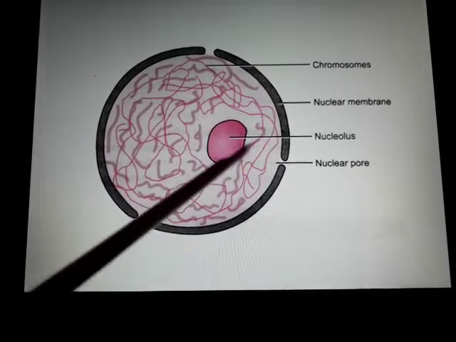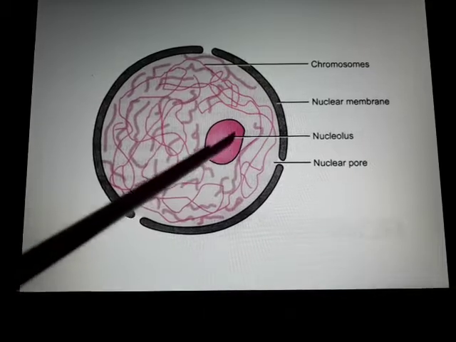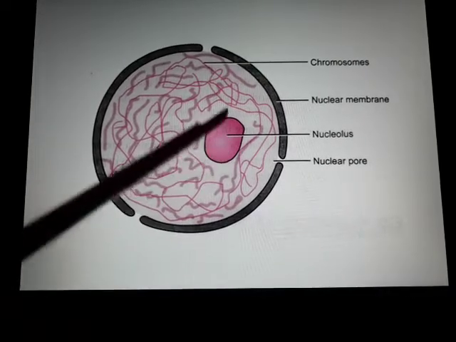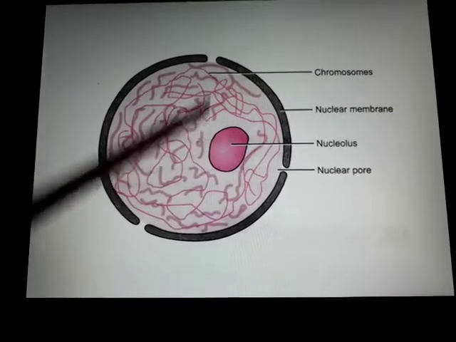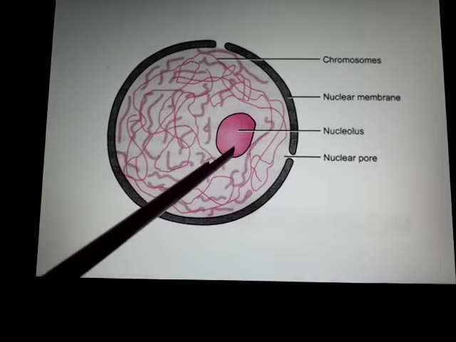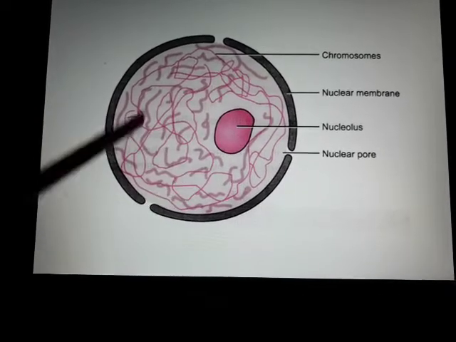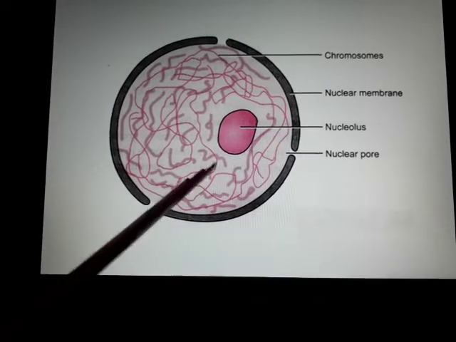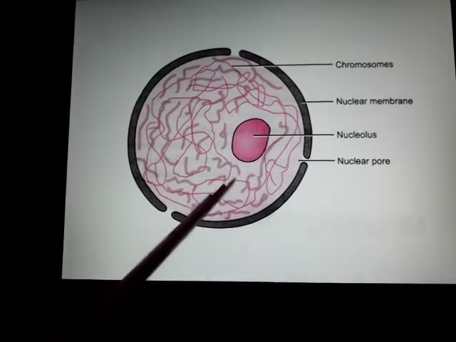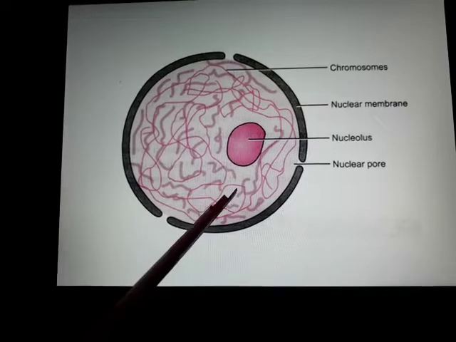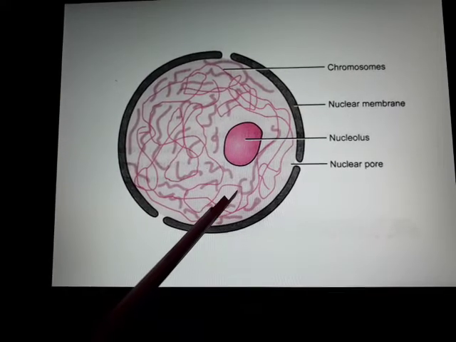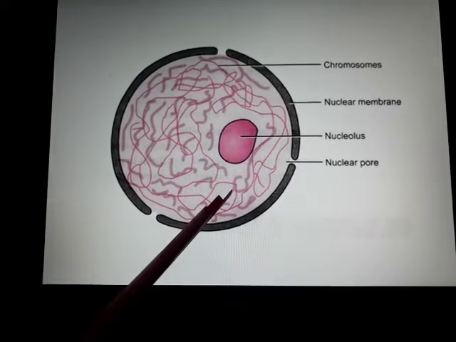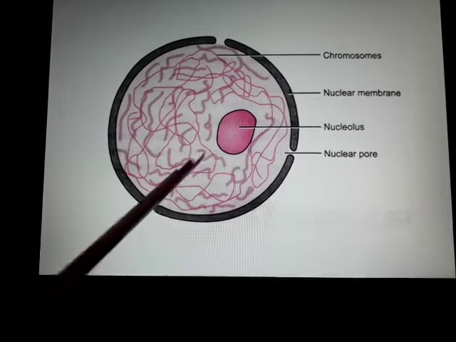The nucleolus is a spherical, dark, dense structure, and it is also responsible for the formation of ribosomes, which are very important for making the proteins of the cell. So what is the basic function of the nucleus? Transmission of characters from one generation to another, and control of all the life functions taking place inside the cell.